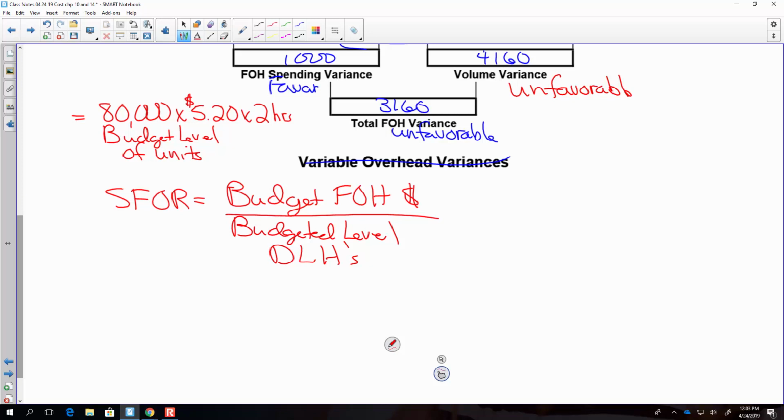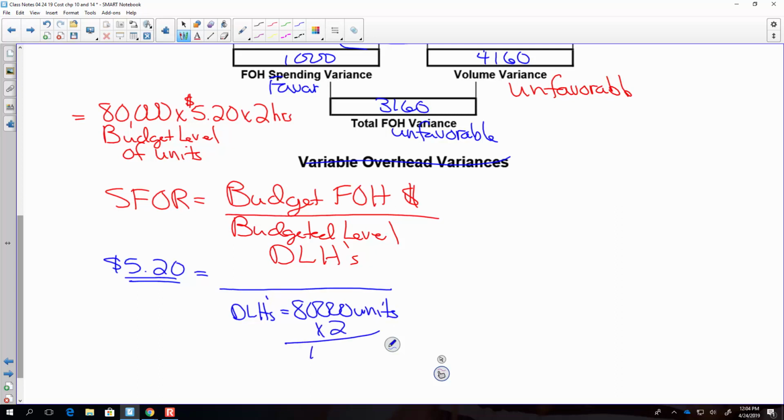So what did the problem give us? They gave us the 520, right? They gave us the direct labor hours, which Kershaw did beautifully. He took the 80,000 units budgeted times 2 for 160,000 hours.